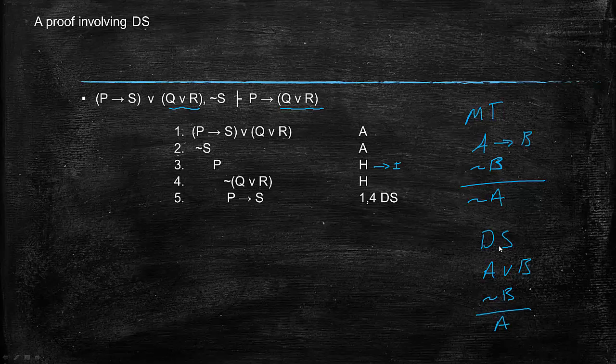So if you are not thinking clearly when you're doing a disjunctive syllogism, you might infer not A, thinking you're doing a modus tollens, right? So be very careful with that.